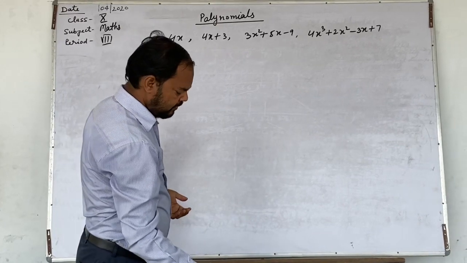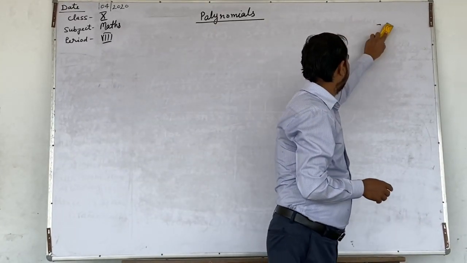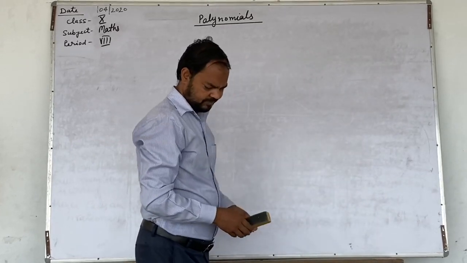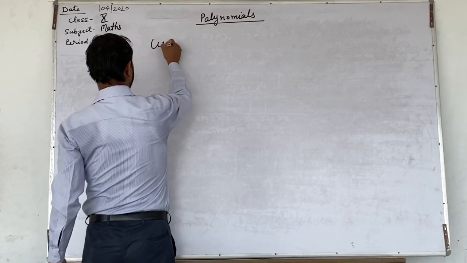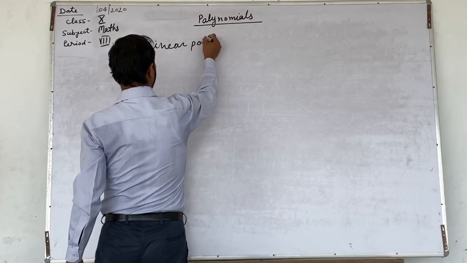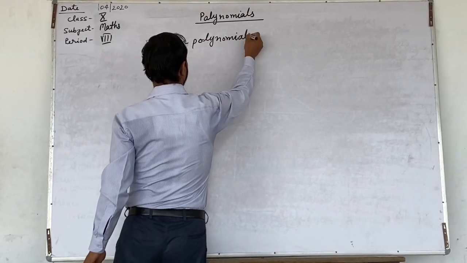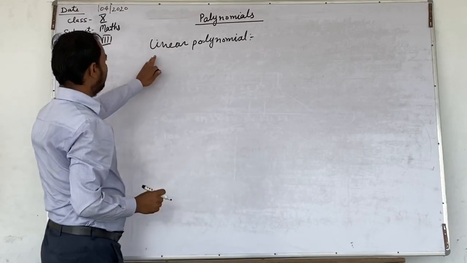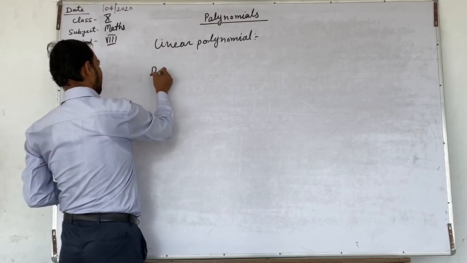Now we are giving you brief notes for the types of polynomial. Linear polynomial. First of all, in this polynomial, see here the degree of polynomial.